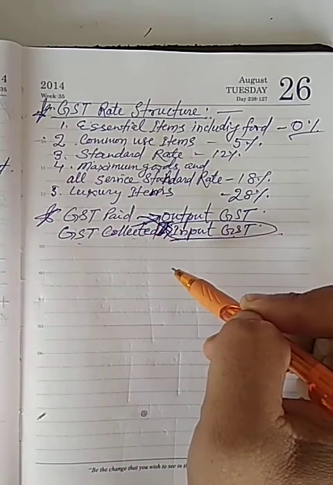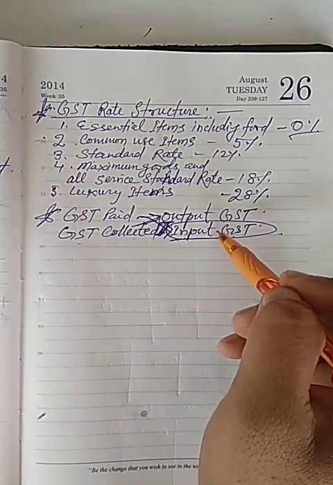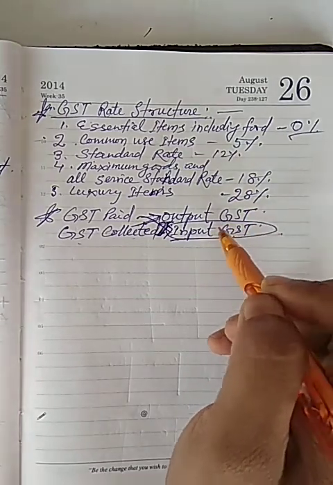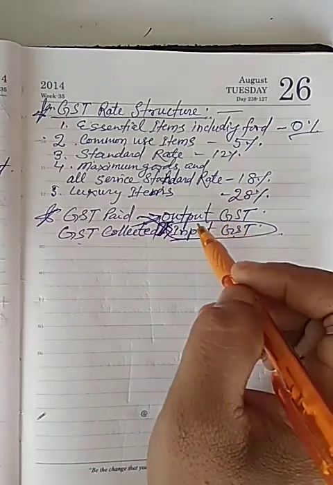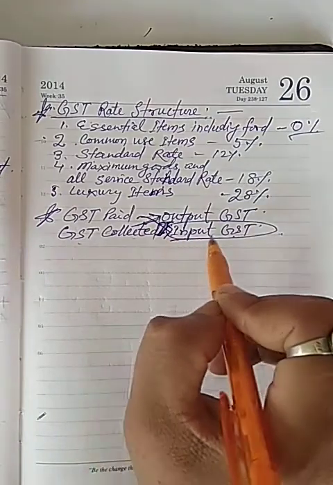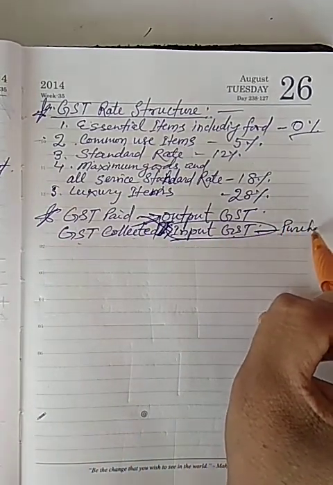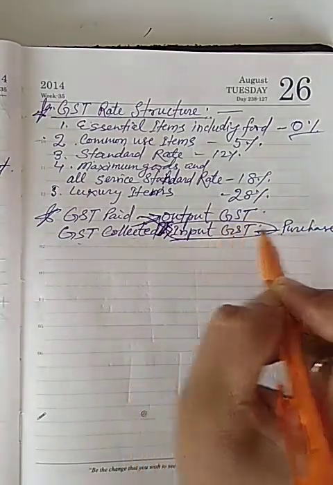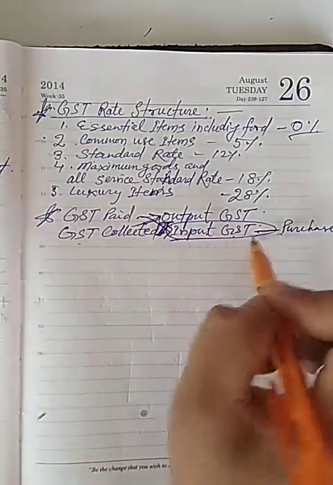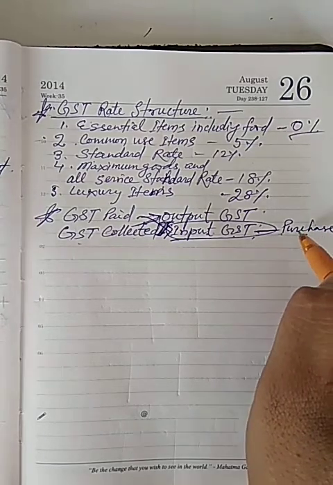And it will be set off against GST collected. As such, GST paid on purchase is input GST, related to purchase. When we purchase, we have to pay the GST.